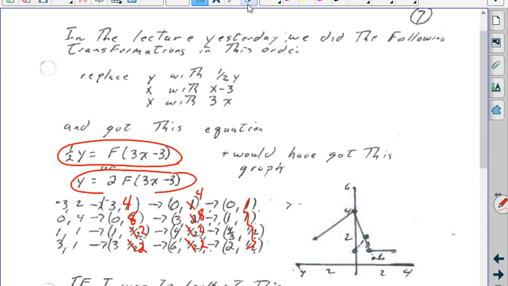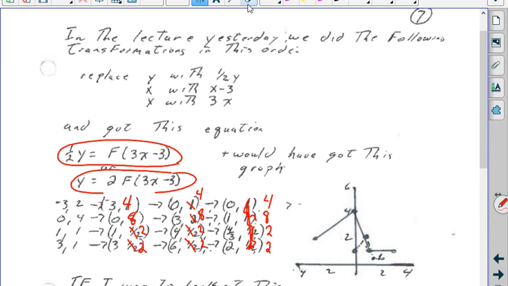I just moved it to the right 3. So all the y values should be 4, 8, 2, 2. A mess up on my part. I vertically stretched the wrong way. But we watch our x values.